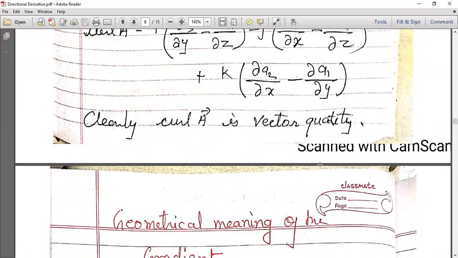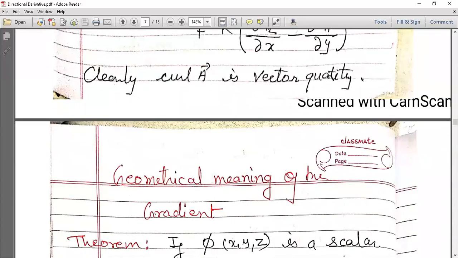Since this is just mathematical, I wanted to explain the geometrical meaning of gradient, divergence and curl. They are not going to ask you this, but you should know what gradient is, because it is also used in physics.